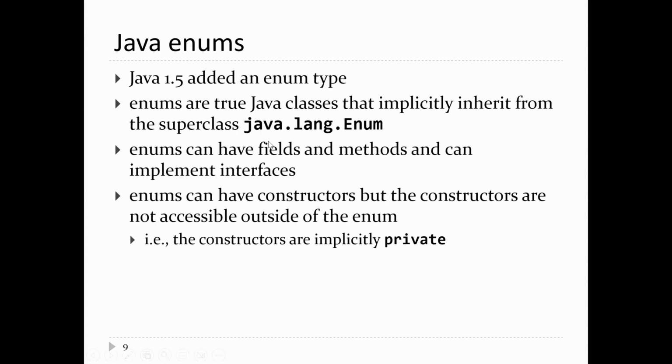So enumerated types are just classes. You can have fields, you can have methods, and you can even have constructors. Your enumerated types can even implement an interface if you want to. If you have a constructor, the constructors are all private, so you can't access them from outside of the enumerated type.